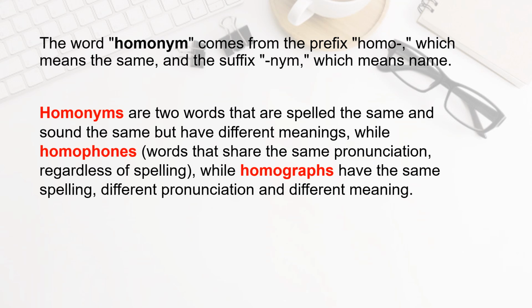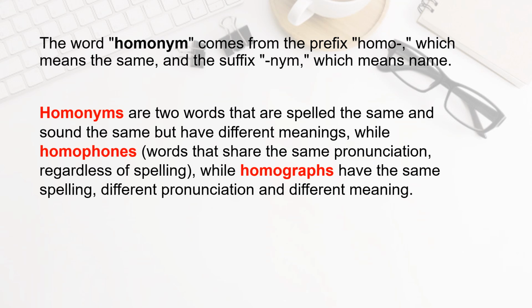So the other two terms that we will be discussing, homophones and homographs, I would like to remind you that in other rules, homophones and homographs are usually taken as homonyms, meaning they are considered homonyms. So that's a technical rule that we will set aside for now. For the purpose of this discussion, we are going to take homonyms, homophones, and homographs as separate definitions and entities from one another.